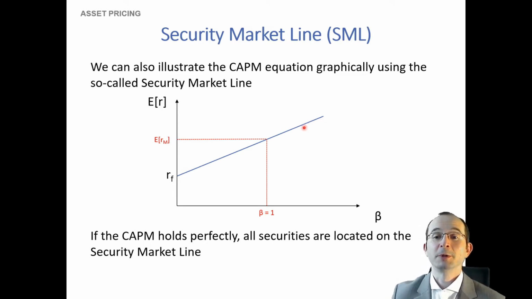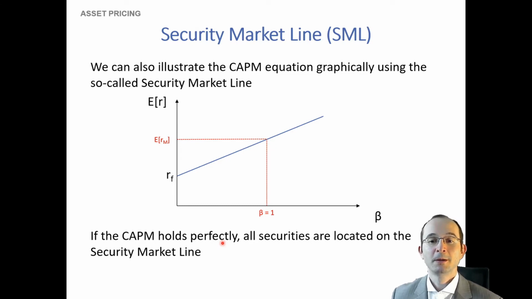All of these portfolios, both individual assets and combinations of the market and risk-free rate portfolios, would all fall on the security market line if, and this is an important if, the CAPM holds perfectly. In other words, the risk and return of all assets is perfectly proportionally related to their betas.